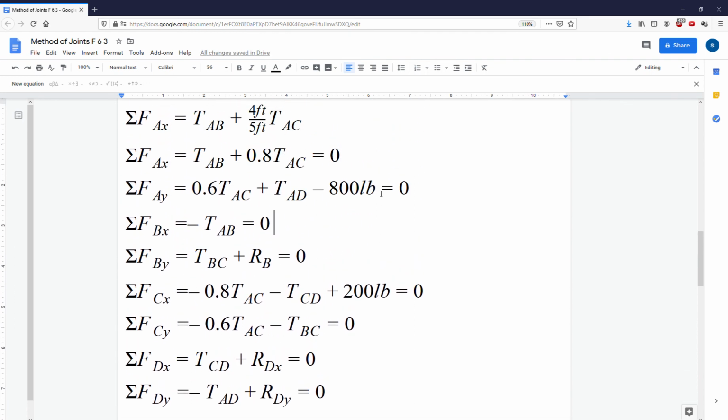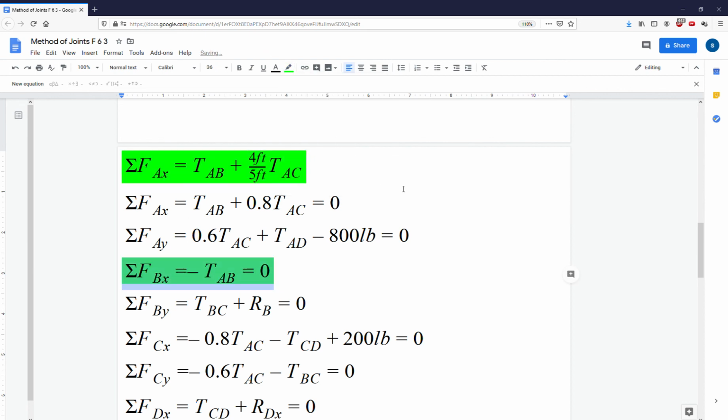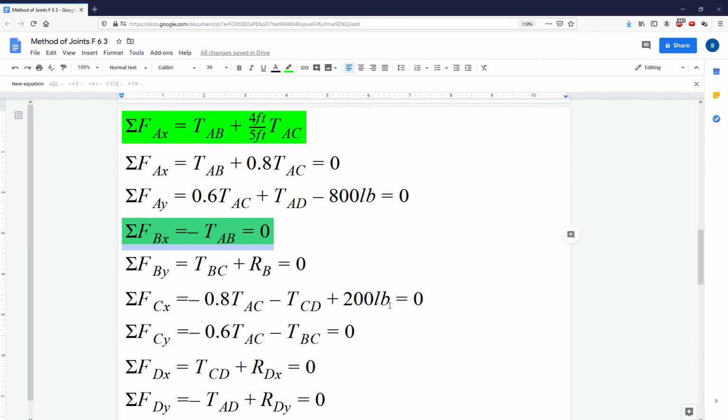Now that we know that TAB is 0, the sum of forces on joint A in the x direction tells us that TAC is also 0. Now that we know that TAC is 0, we can use the sum of forces on joint C in the y direction to tell us that TBC is 0.